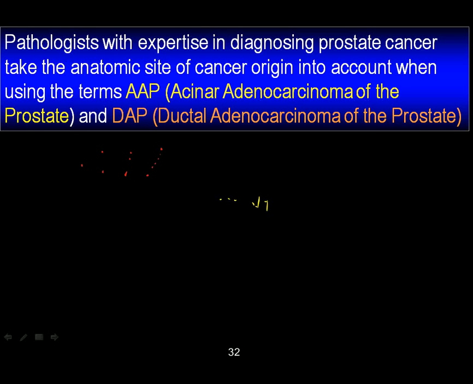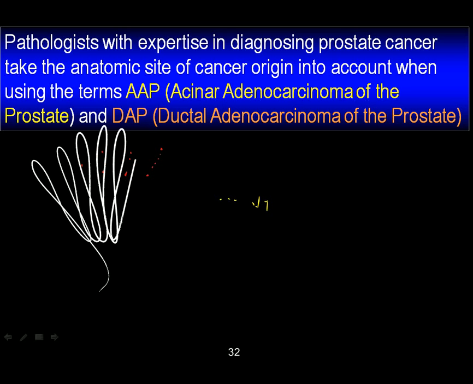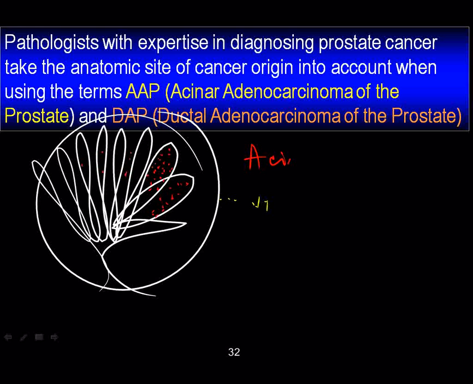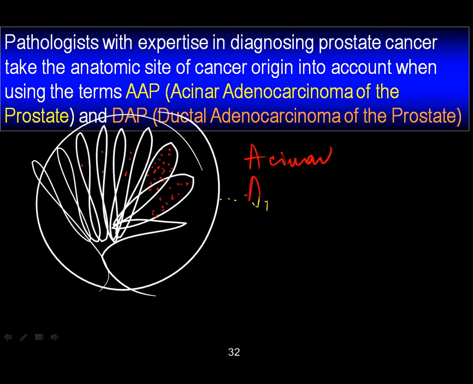And what really fascinated me most was that when the prostate specimen arrives to the laboratory and the pathologist looks at the ever-accumulating cancer cells originating from the cells lining the acinar in the prostate, they call it acinar adenocarcinoma of the prostate, AAP.